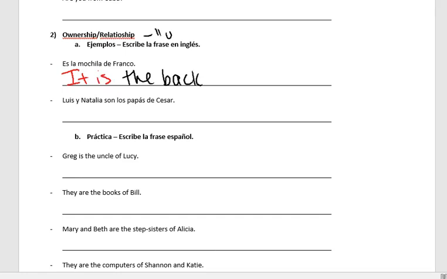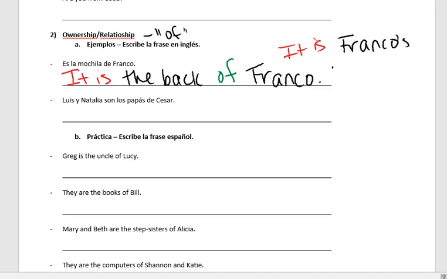Now in this case, de does mean of, and then your person, Franco. Now in English, we wouldn't say, oh, it is the backpack of Franco. We would say, it is Franco's backpack.